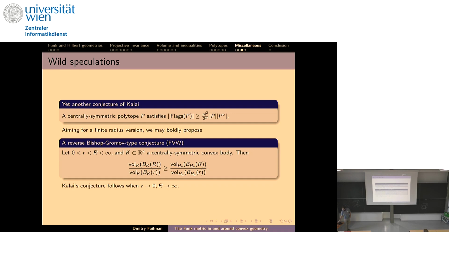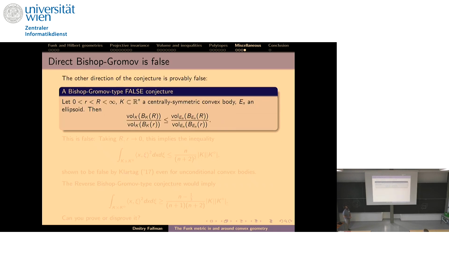Of course, maybe one would first conjecture that a usual Bishop-Gromov inequality would hold with the ellipsoid extremizing in the other direction, but this is false. If you look at the behavior near zero, you differentiate, you get some inequality, which has been conjectured for some time, been unknown.